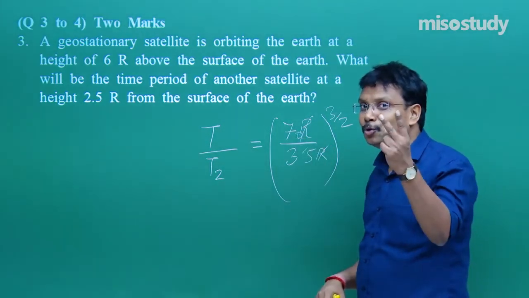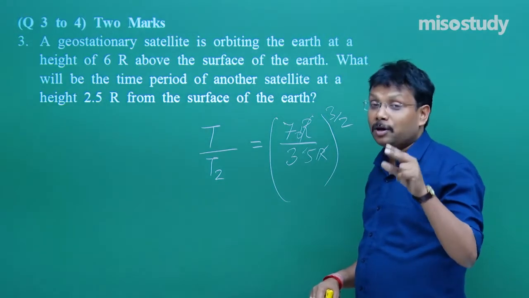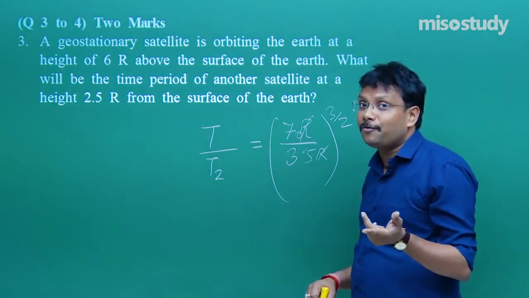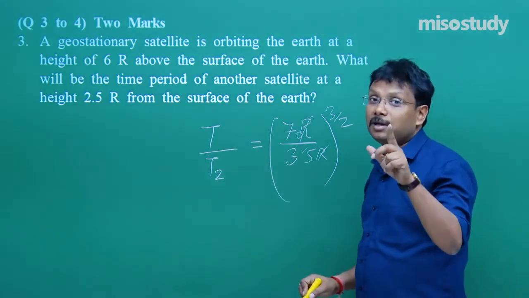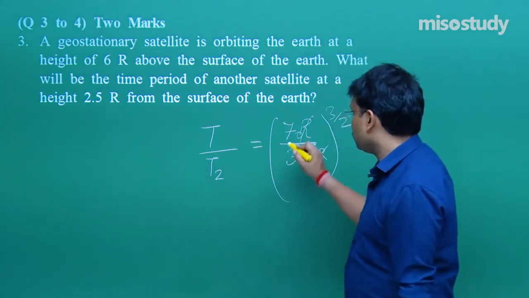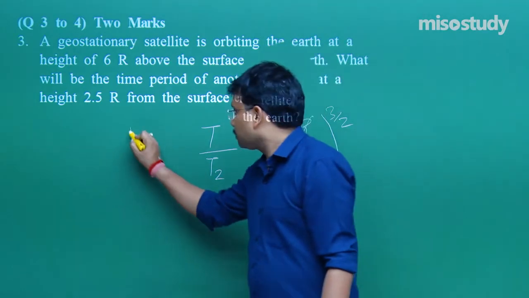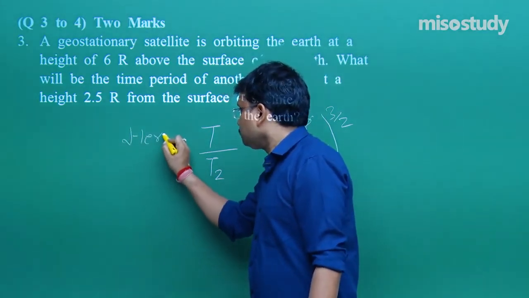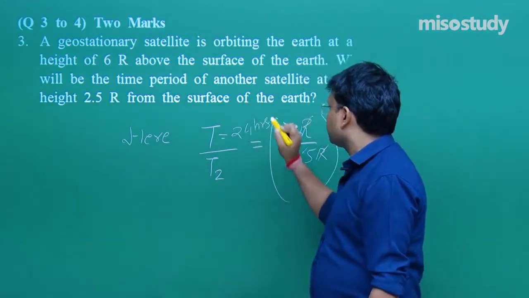So it is going to be 2 into 1 by root 2 root 2, that will give you the value of this T2, and then use the value of T1 as T or 24 hours. So you can solve it and easily get the values. Here T equal to 24 hours. Fine.